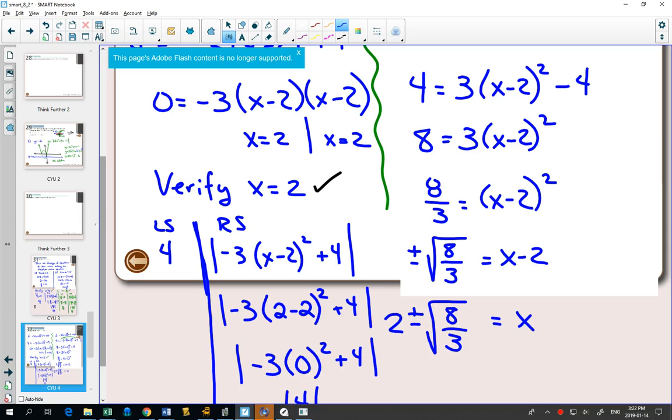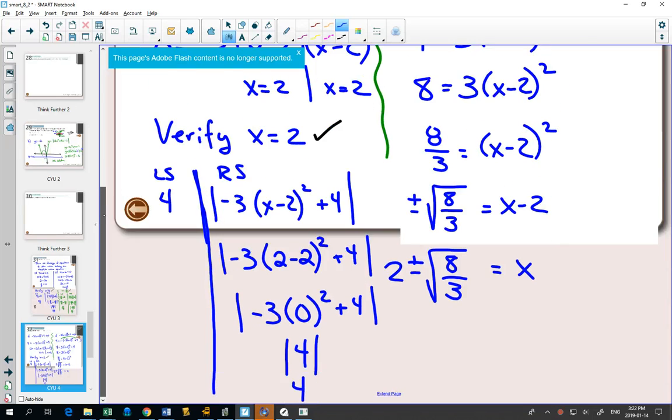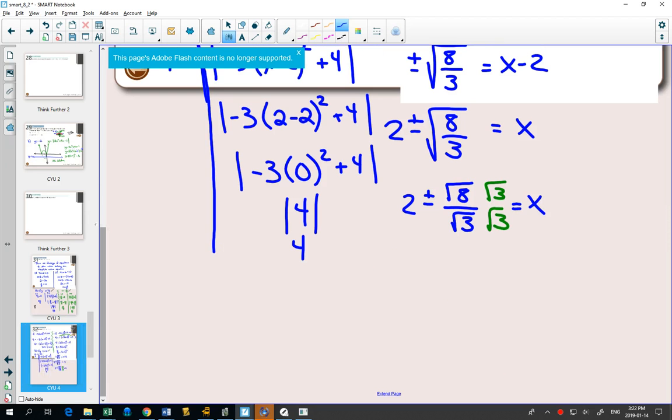Of course, on an exam, this wouldn't be a final answer because you have to rationalize the denominator. Back to our radicals unit. This is 2 plus or minus the square root of 8 over the square root of 3. How do I get rid of that square root of 3 on the bottom? I multiply by square root of 3 over square root of 3. So then I get 2 plus or minus the square root of 24 over 3 equals x.